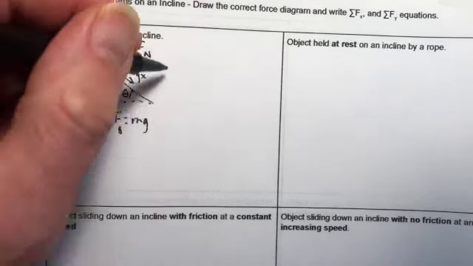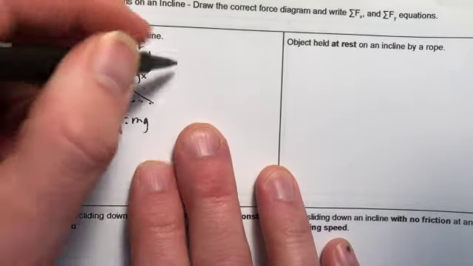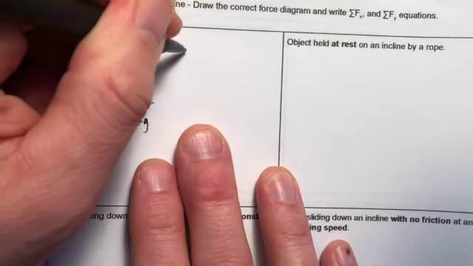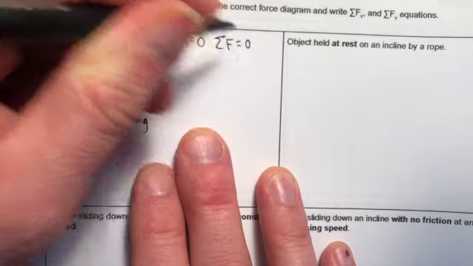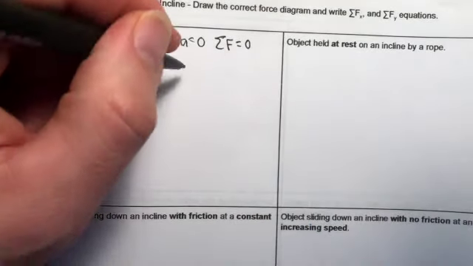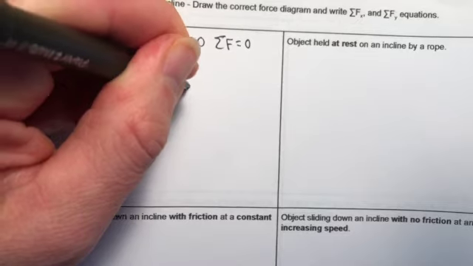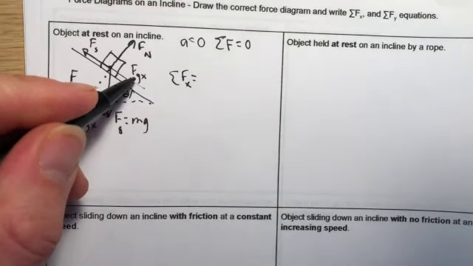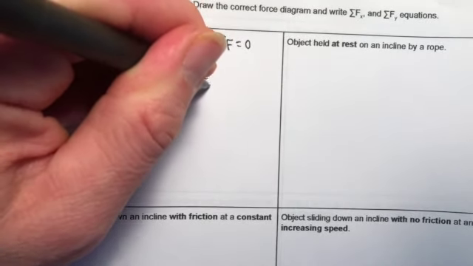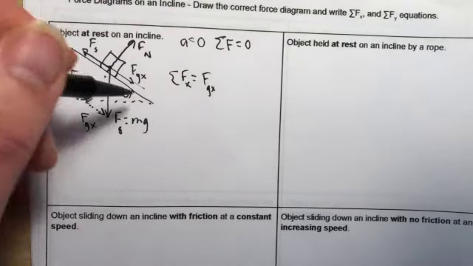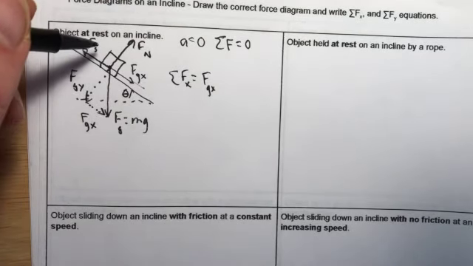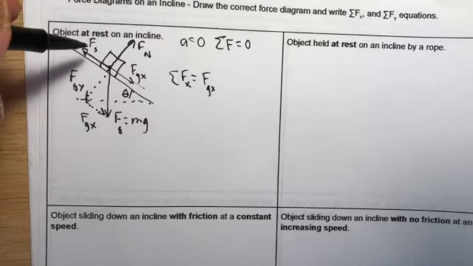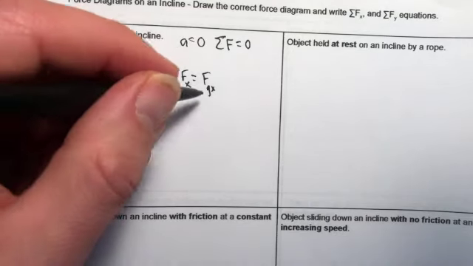So let's write the force equations here. First of all, I know that it's at rest, so a equals 0, which means that the net force equals 0, and that's for both directions. So the sum of the forces in the x direction will be Fgx, and you might say, well, wait, that's going downhill, shouldn't that be negative? I typically always set things up so that friction is going to be negative, in my preference.